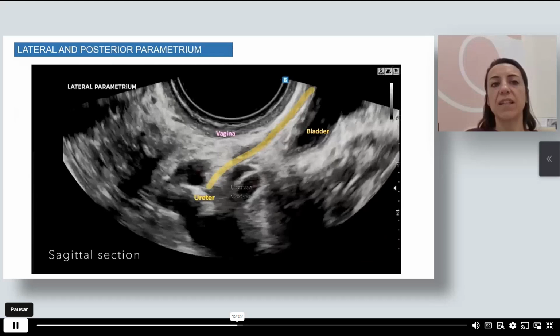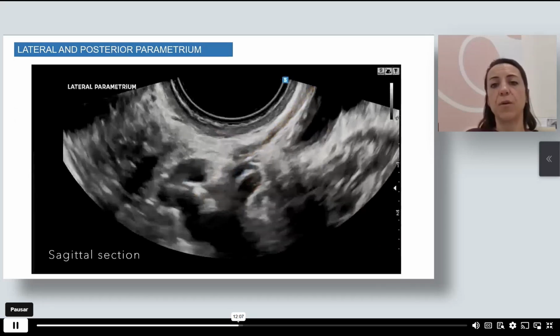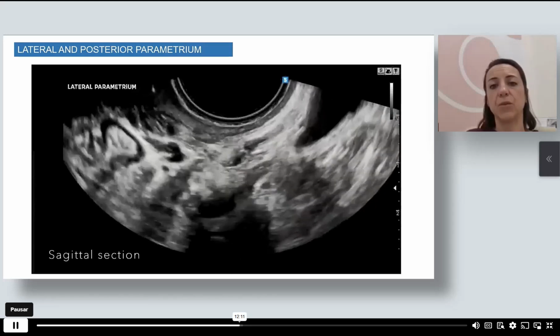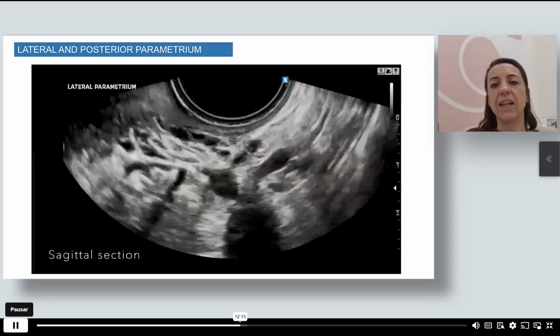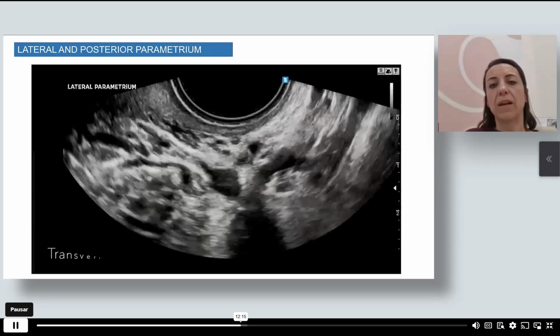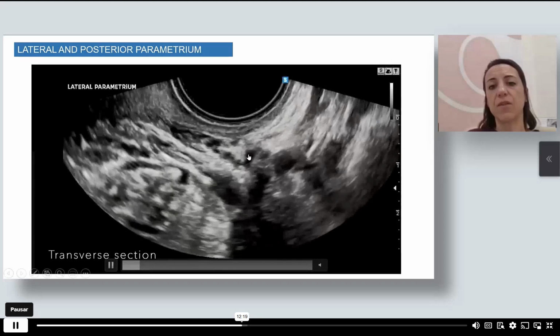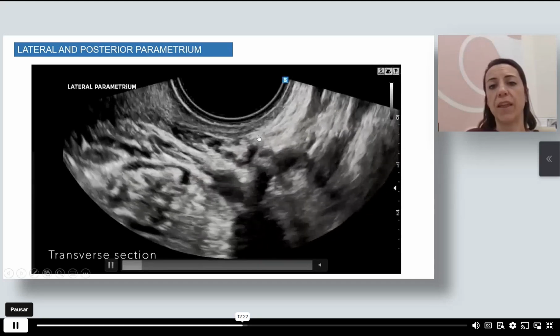Now, how to assess lateral and posterior parametrium? First of all, we have to assess the bladder and ureter, and then we can move the probe 90 degrees to obtain this transversal section with the ureter in the middle.